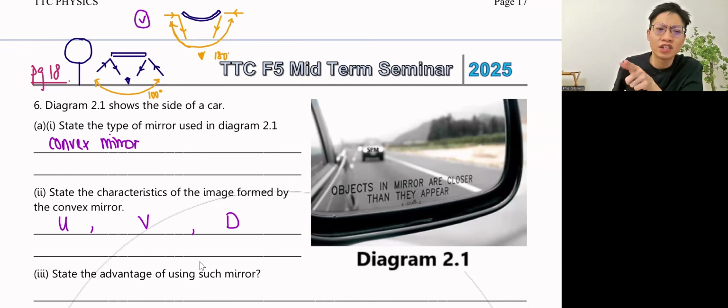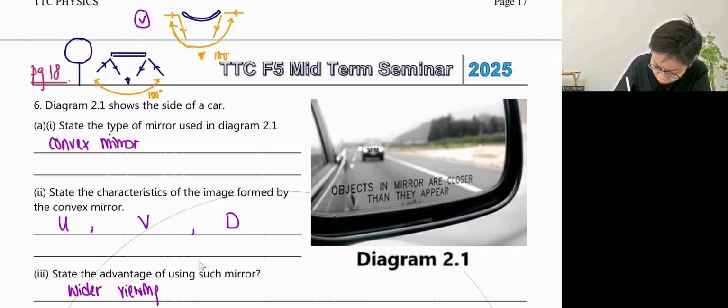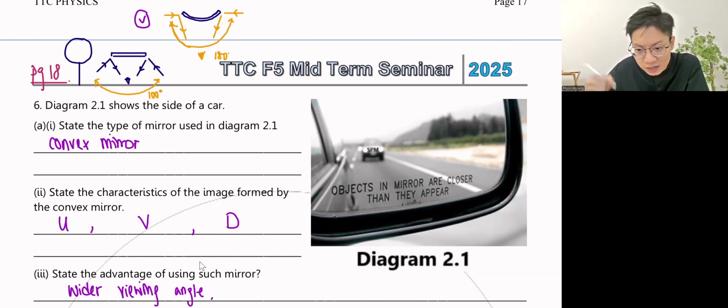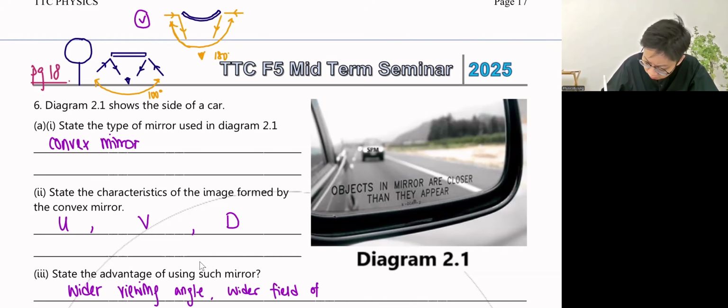Okay, so what's the advantage of using this kind of mirror? Very simple. Because this actually gives you a wider viewing angle. And as it has a wider viewing angle, you can also say a wider field of vision.